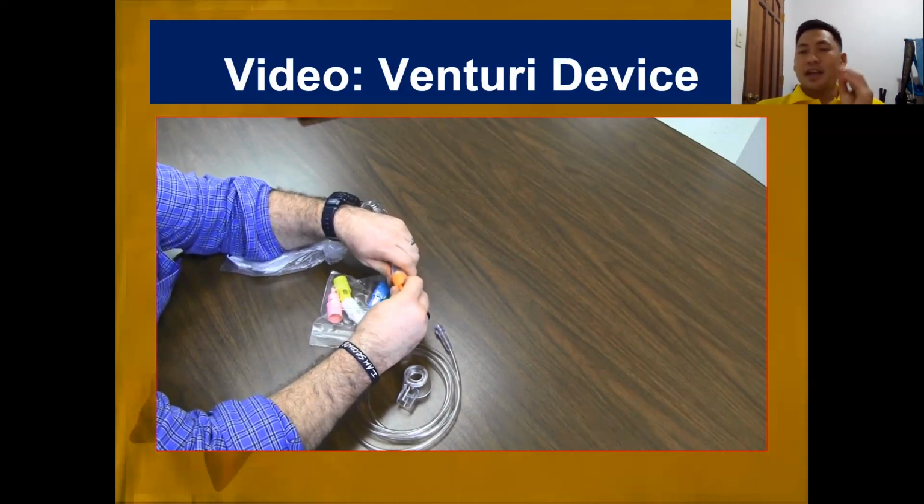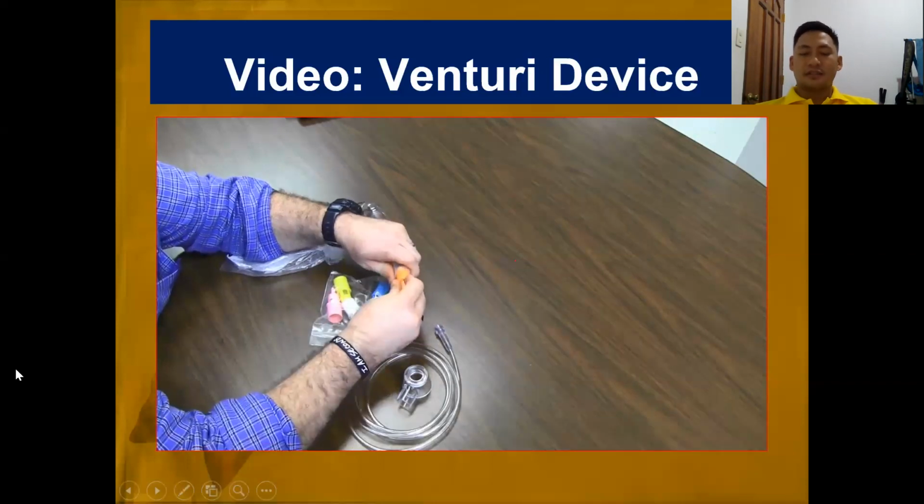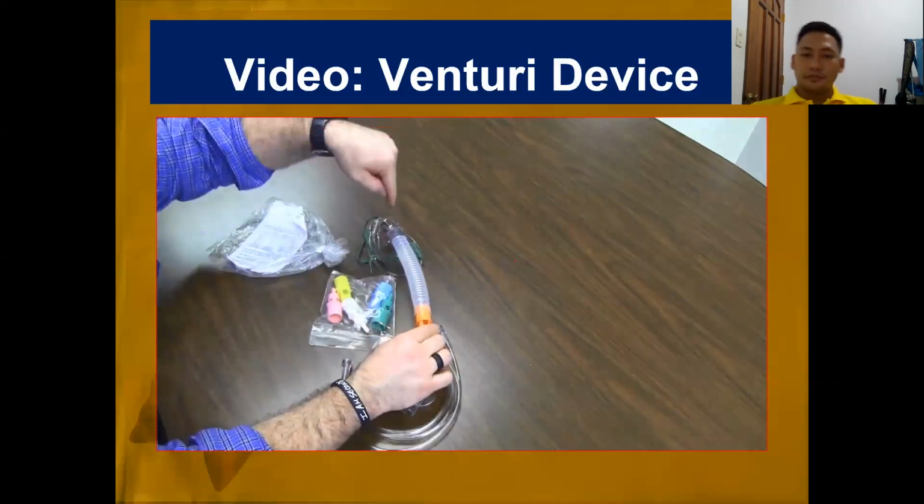Meaning to say, the Venturi device gets oxygen from the oxygen source or the oxygen tank, and aside from that, the holes also allow atmospheric air to enter the device. So your oxygen source and the atmospheric air are mixed, but what enters the patient is just the appropriate, exact concentration of oxygen that is set by this fixed entrainment device, to mix with the oxygen to deliver that 50% up here at the patient.